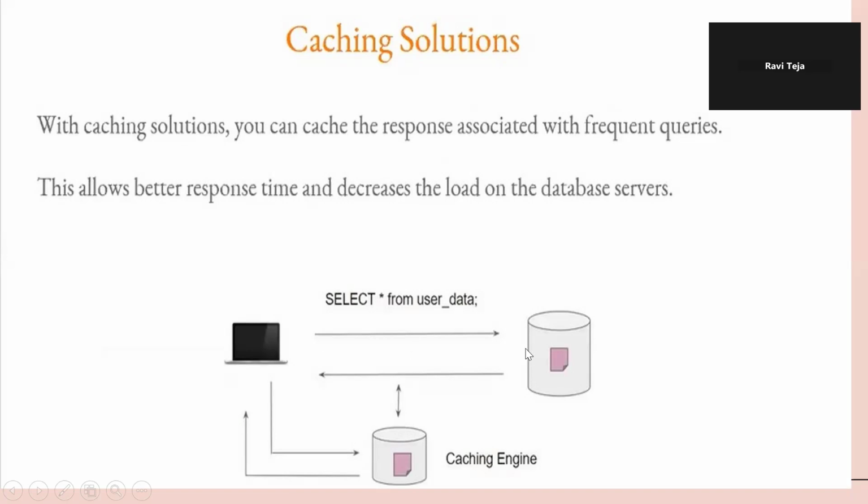That request won't go to the database. It will go to the cache solution because it's the same request. You do not go directly to the database, so the burden on the database is very less. The cache engine shows the response from there to the end user. This is the main important thing in cache.